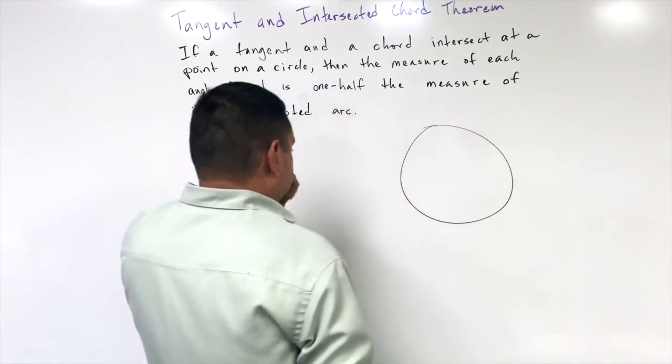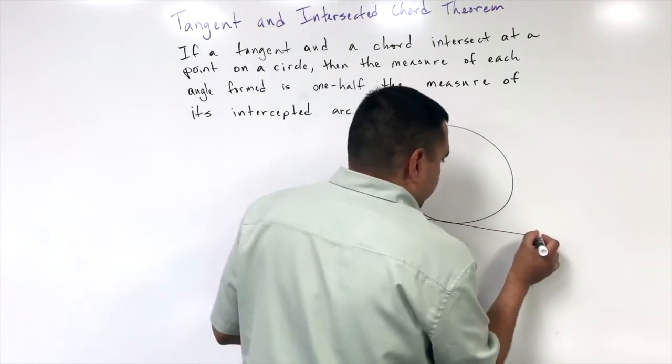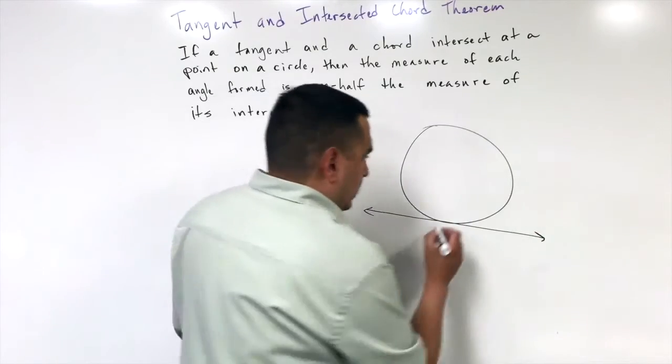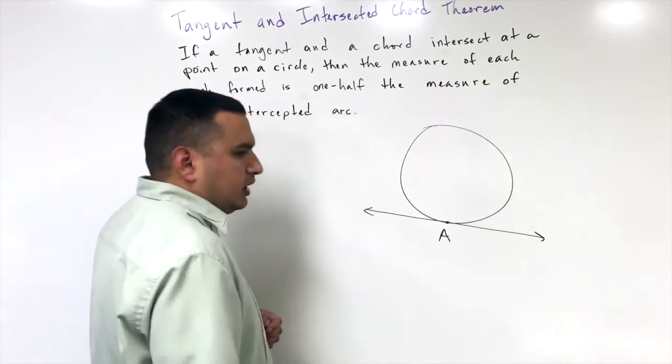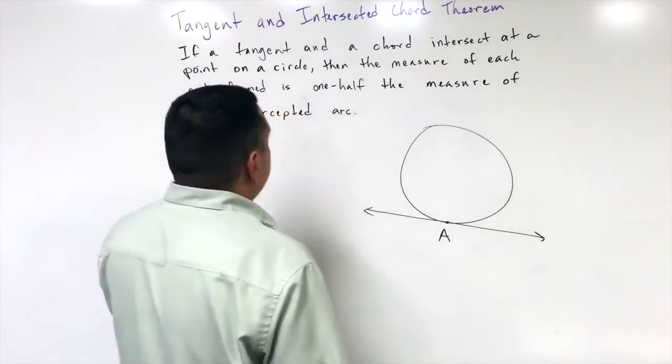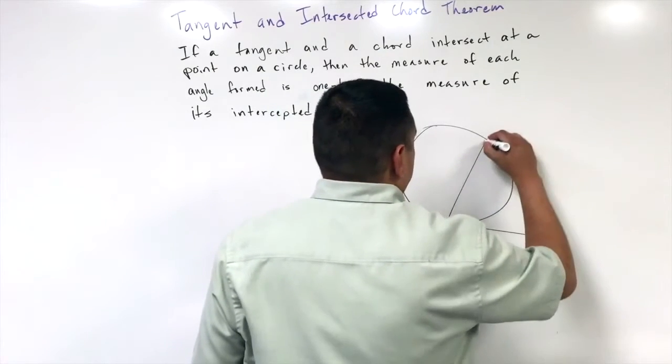Here's my circle. Let's make this line here that's tangent at the bottom. At this point, we'll call this point A. And then I'm going to make a chord from A up here somewhere.